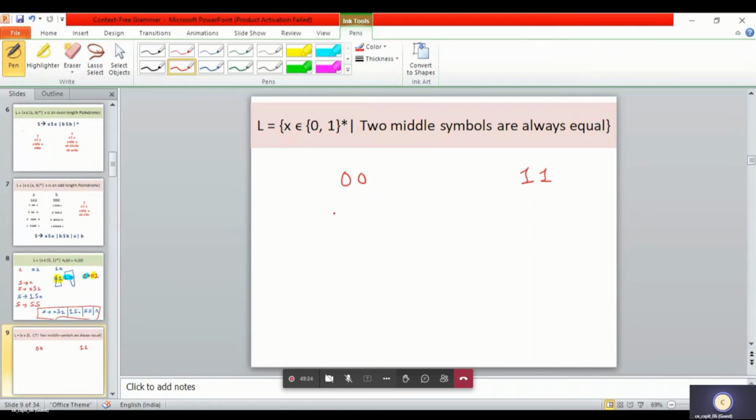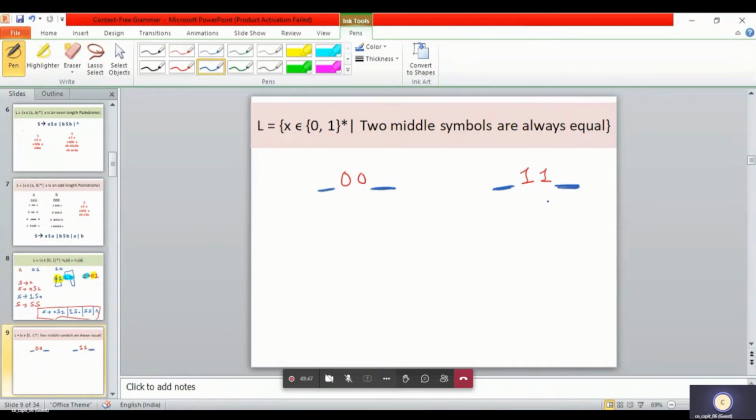That means we have to append some symbol over here. At the same time, we have to append a symbol on the right hand side so that this 0,0 will be in the middle position. If I append one symbol on the left hand side and do not append a symbol on the right hand side, it will not keep the 0,0 and 1,1 in the middle position.